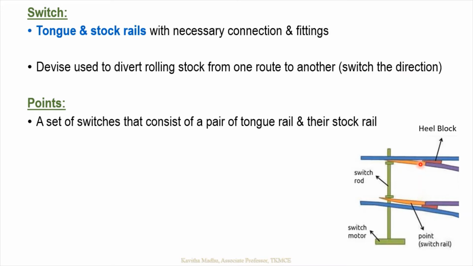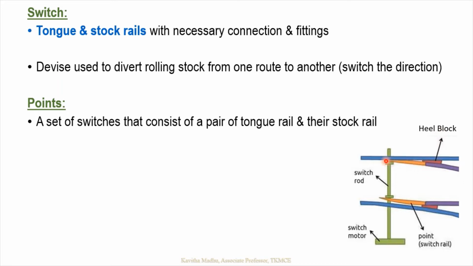The moving rail, the orange one here in the figure, is known as the tongue rail, and the rail to which the tongue rails are attached is known as the stock rail. The tongue rail again has two parts: the heel portion and the toe portion. One end of the tongue rail is firmly fixed to a heel block, and that portion is known as the heel portion.